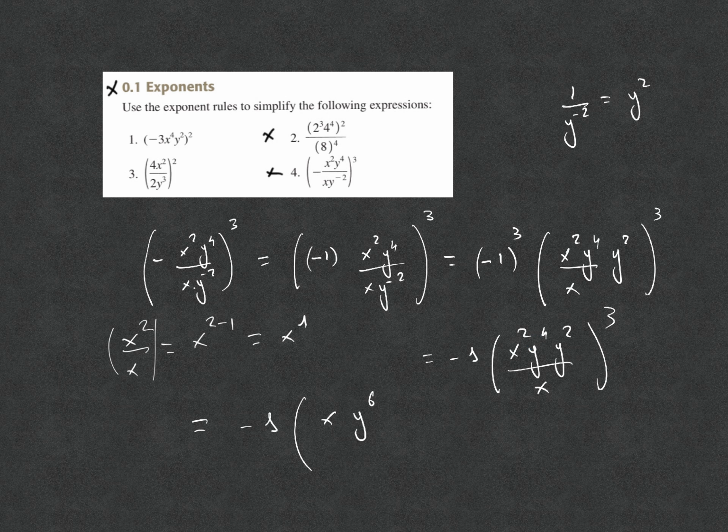And everything is raised to the 3 power. So now you have to know that x to the n raised to the power m is x to the n times m. So this would be minus x cubed y to the 18. And this should be the result.